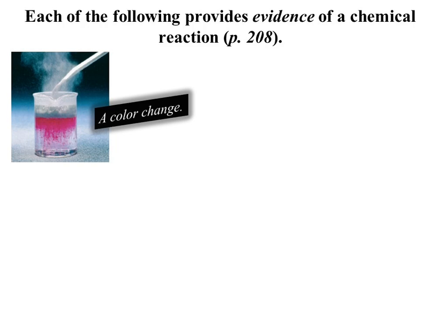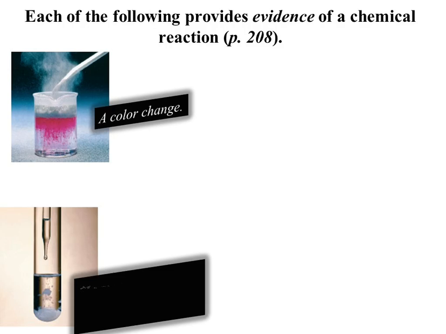So how do you know a chemical reaction has occurred? We've talked about this a little bit, but I have some slides to talk about it again. If there's a color change, we're taking two clear reactants and getting something pink. A chemical reaction occurred? Quite possibly.